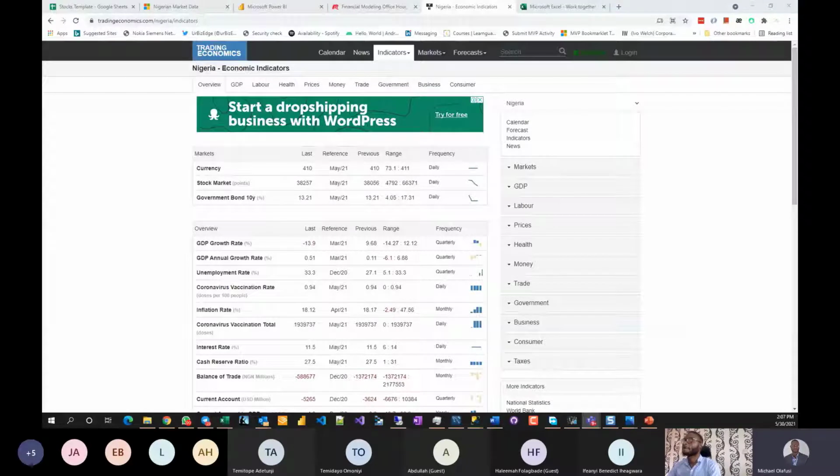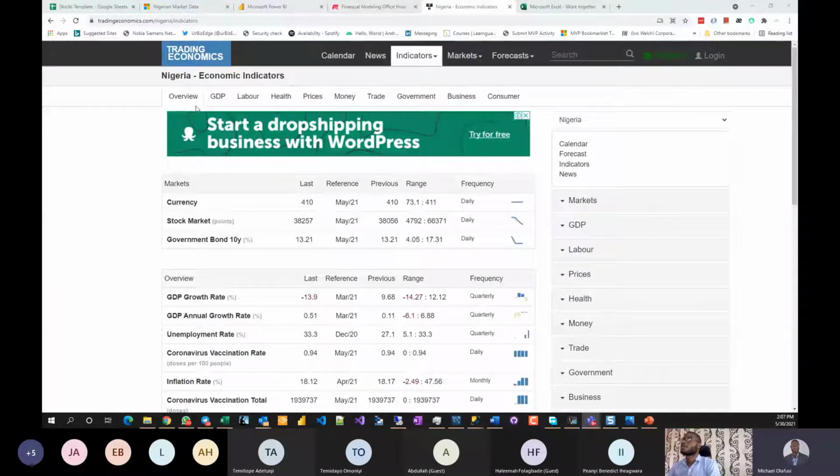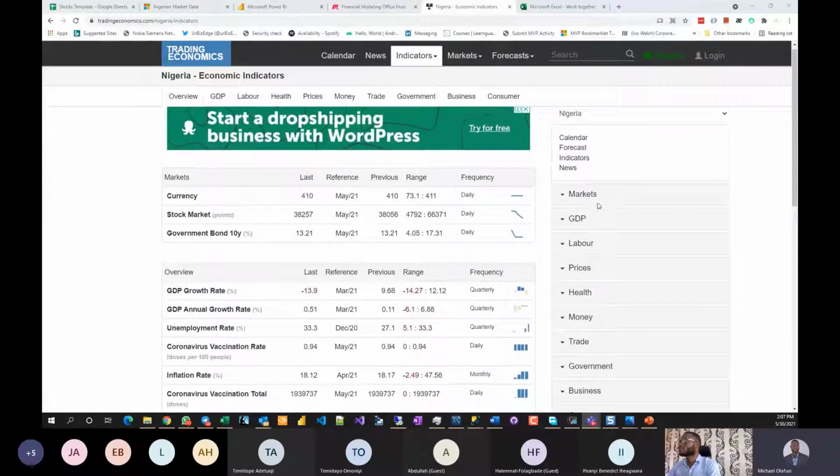If you go here, they do this very, very amazing job of keeping track of our financial market data. And what do I mean by our financial market data? If you look at this, let me see if I can zoom. Okay, great. You will see there is an overview, right? And then it's broken into categories. So there's markets. I'm going to take you through the main aspects on these.